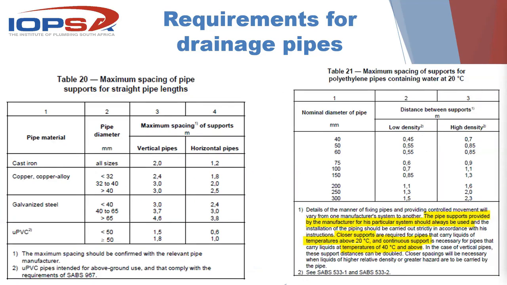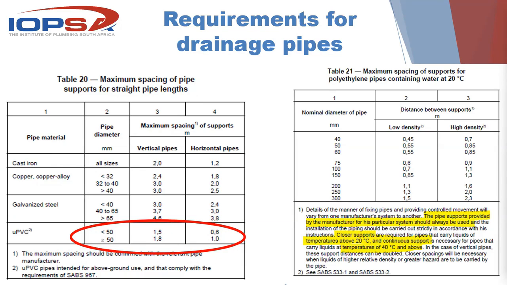Here are the 2 tables in SANS 10252/2, or the 2 tables that pertain to this particular subject, table 20 and table 21. And you'll see in the left-hand table, I'm just going to circle it, right at the bottom there is the distances that you need to kind of bear in the back of your mind when you are bracketing PVC pipe drainage pipes.